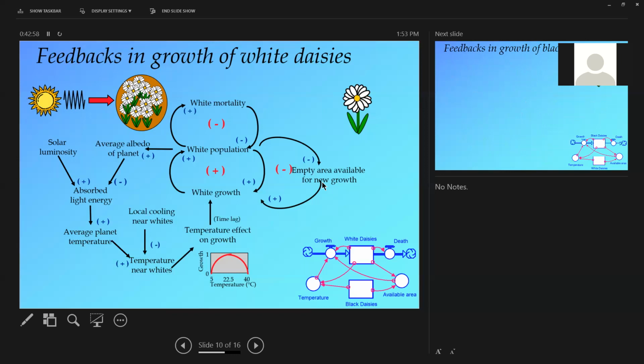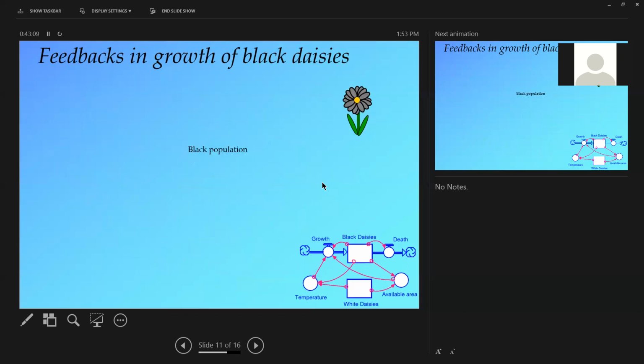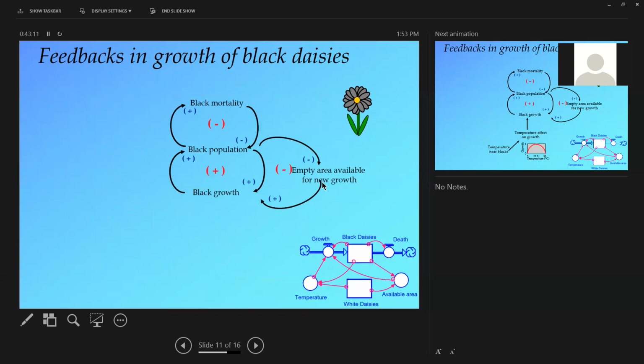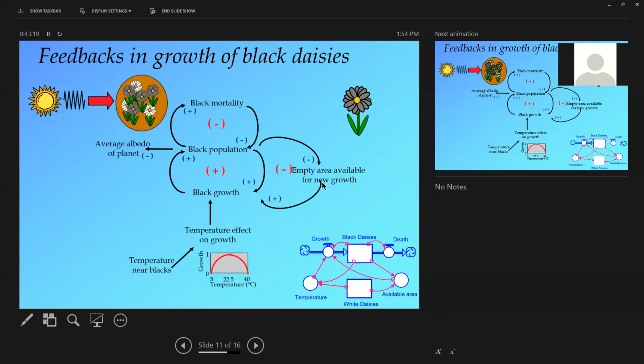So this happens to be white daisies here, but the black daisies are very, very similar to the white daisies. And let me take you to the black daisy population. It's got all the same basic biological feedbacks in that section. It's got the same temperature optimum. So most of this is the same as the white daisies, except they have a different influence on how much light is being absorbed by the planet.